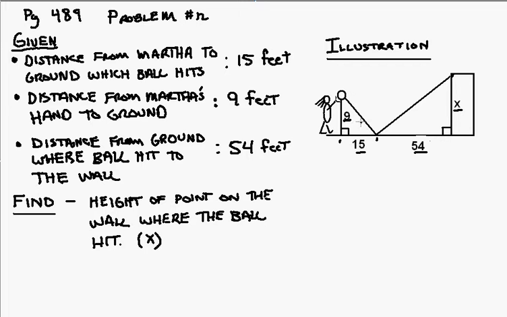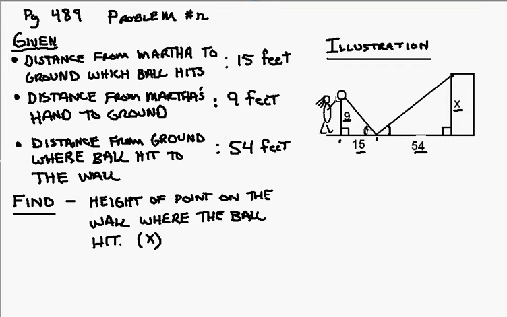So, the fact that the ball hits and bounces back means these angles are congruent. They're similar because they're symmetrical. Whenever you have a reflection, the angles are congruent.